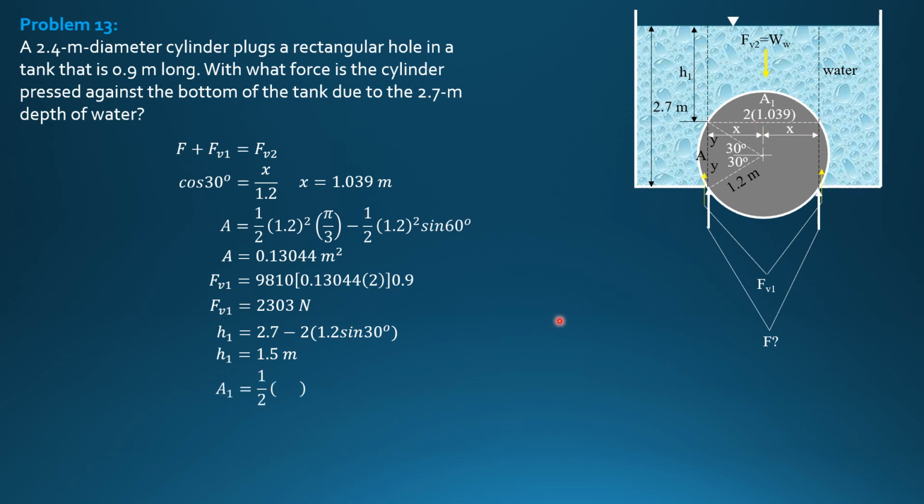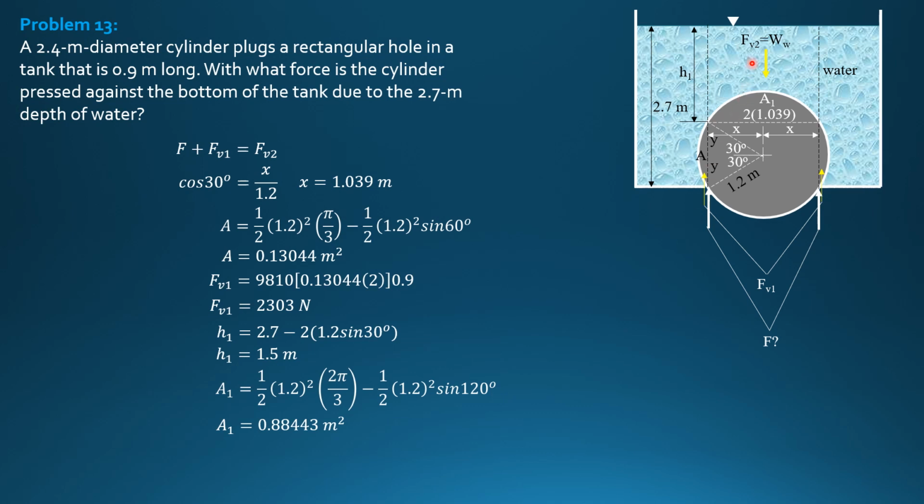So area 1 is 1/2 1.2 squared, 120 degrees or 2 pi over 3 radians, minus area of triangle 1/2 1.2 squared sine of 120 degrees. So just imagine we have a sector of central angle 120 degrees, then less triangle of central angle 120 degrees also. So area 1 is 0.88443 square meter.